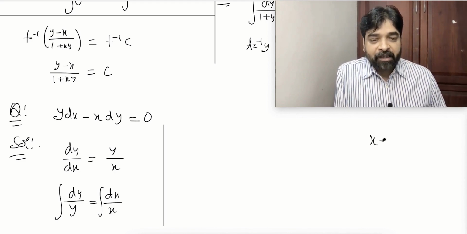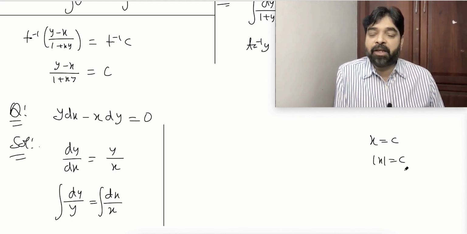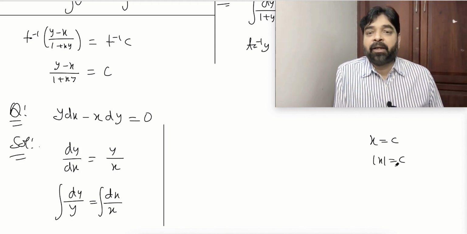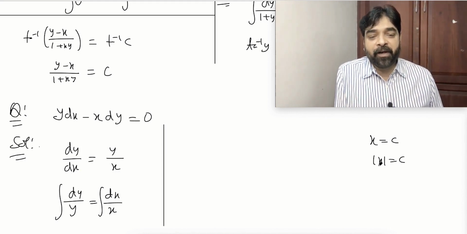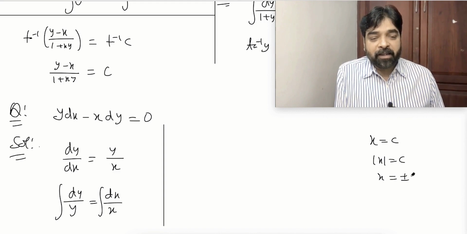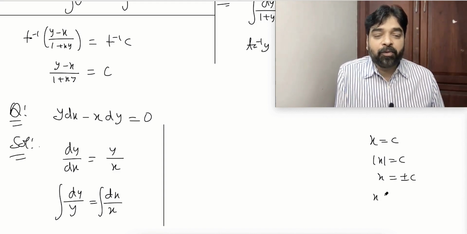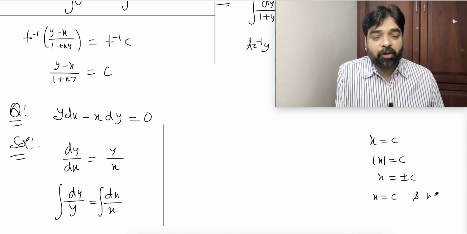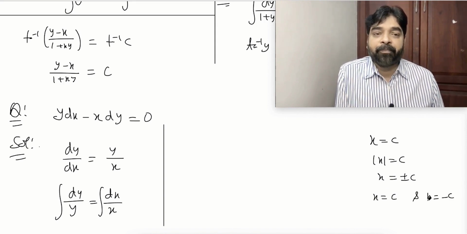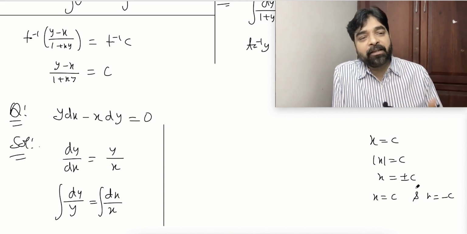If I say x equal to c, c is an arbitrary constant, and mod x equal to c, c is an arbitrary constant, the two situations are different, because mod x equal to c means x equals plus or minus c. Means if you write mod x equal to c, you will say that there are two families of curves, x equal to c and x equal to minus c. But basically x equal to c and x equal to minus c are both the same family.